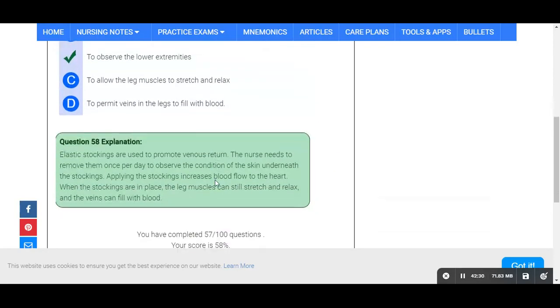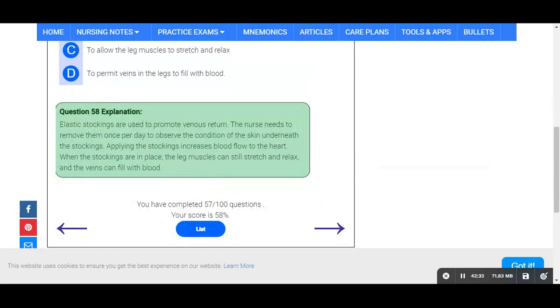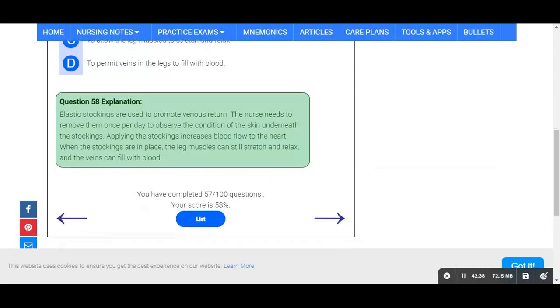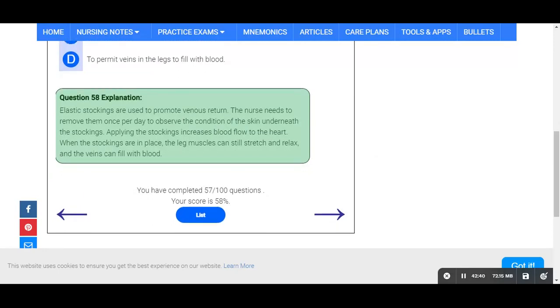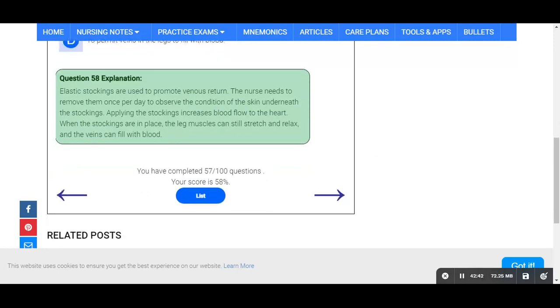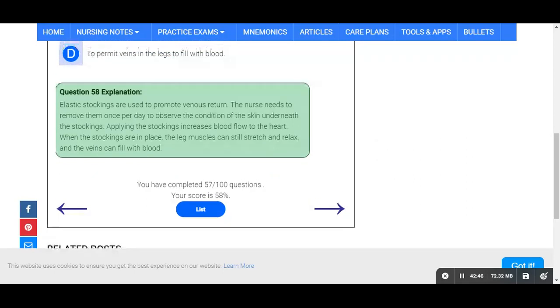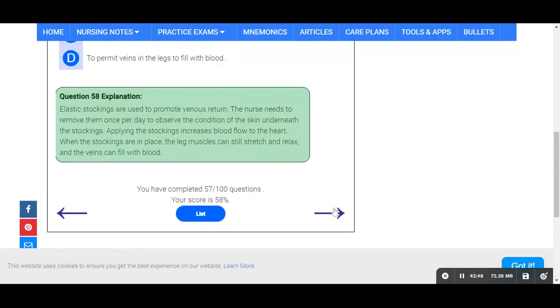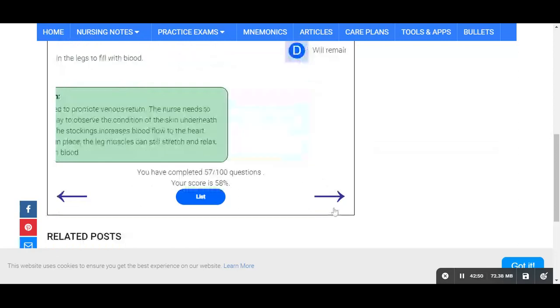Okay, so observe the lower extremities. Elastic stockings are used to promote venous return. The nurse needs to remove them once per day to observe the condition of the skin underneath the stockings. Applying the stockings increases blood flow to the heart. While the stockings are in place, the leg muscles can still stretch and relax and the veins can be filled with blood. So that's it.